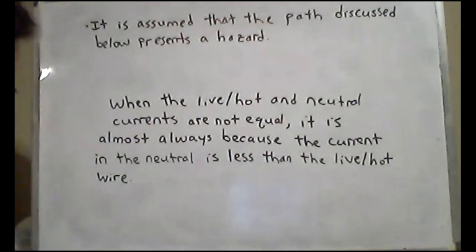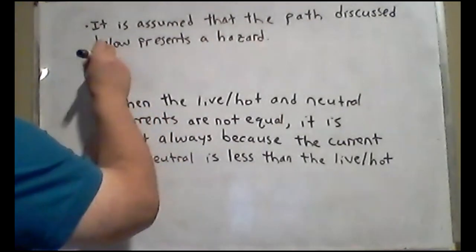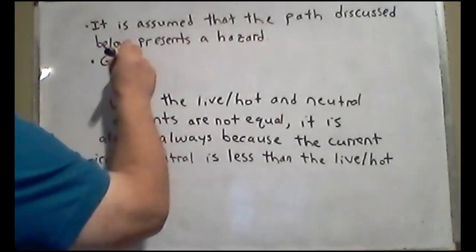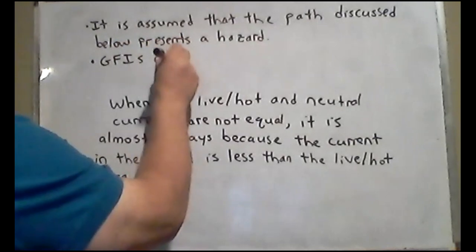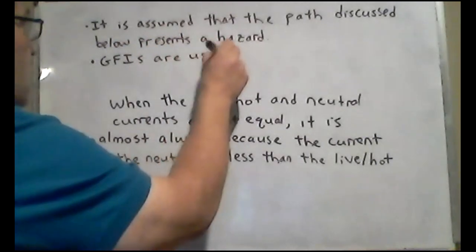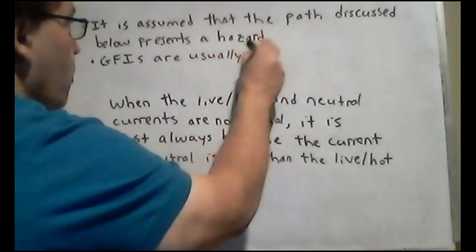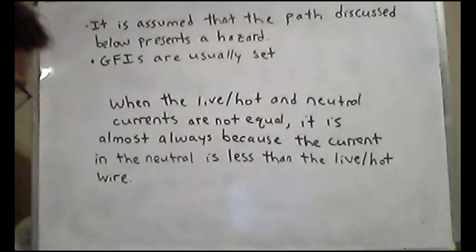All right, so when you have this difference, GFIs are usually set to interrupt the circuit if the leakage current is greater than 5 milliamperes.